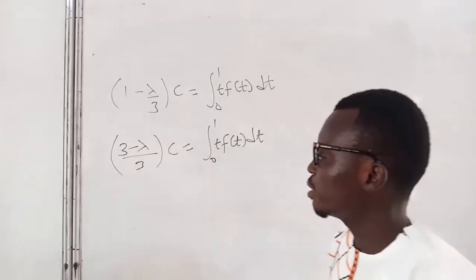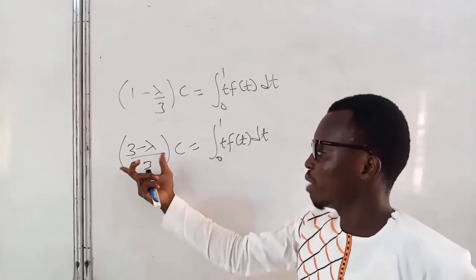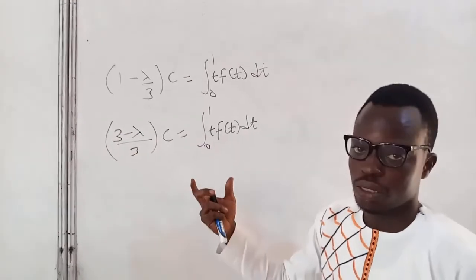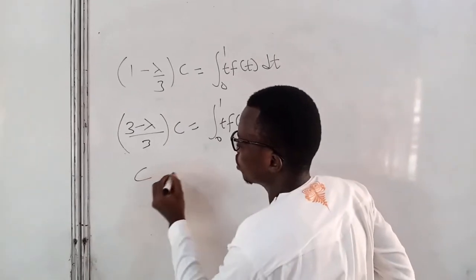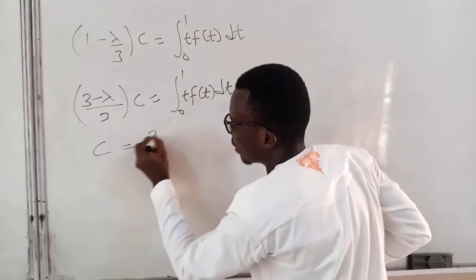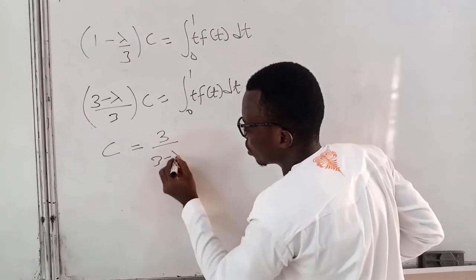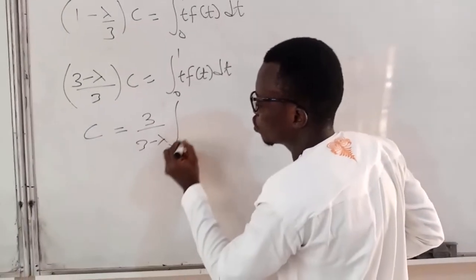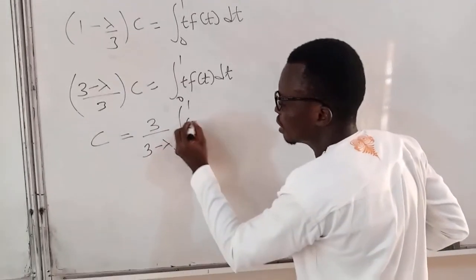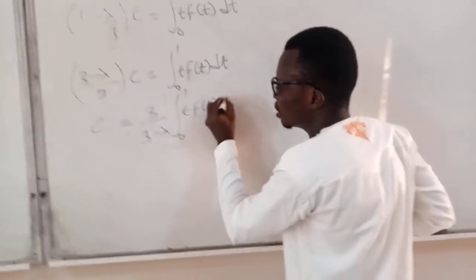Now let's divide both sides of the equation by 3 minus lambda divided by 3. So c becomes equal to 3 divided by 3 minus lambda, integral from 0 to 1 of t f of t dt.